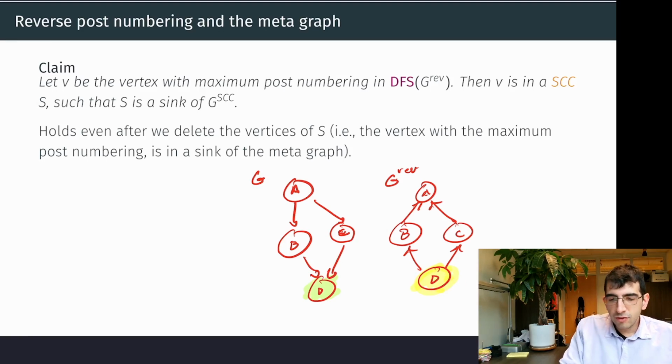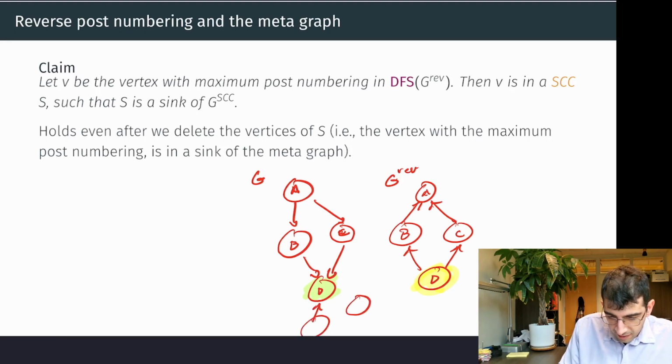But the issue is, what if this vertex isn't alone? What if this vertex has a few more attached in a cycle? What if instead of a vertex, it's a strongly connected component?